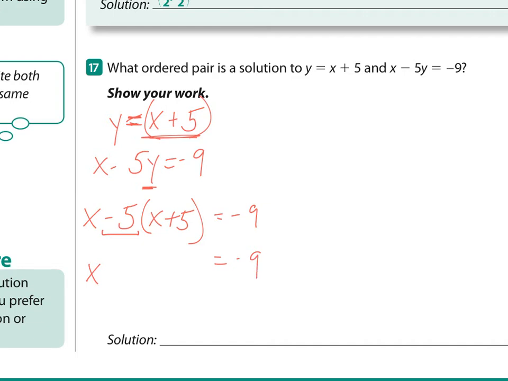Negative 5 times x is negative 5x. Negative 5 times positive 5, negative 25. We'll combine our x's. x minus, or you can think of that as 1x, minus 5x is negative 4x. Minus 25 equals negative 9. Next step is just to add 25 to both sides.